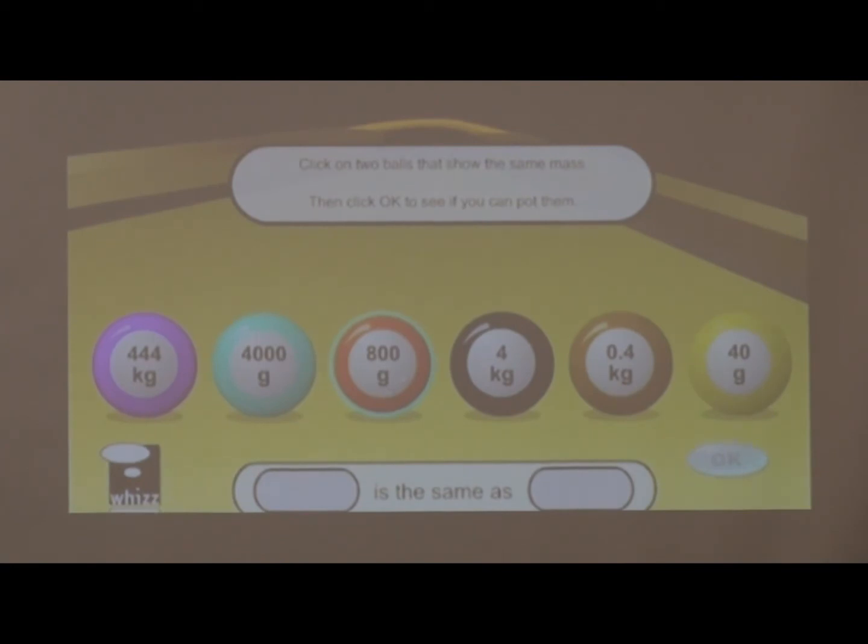But I'm pretty sure that it's 4 kg and 4,000 grams, because 1 kg has 1,000 grams.